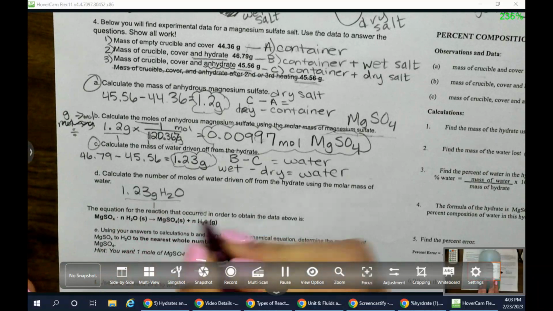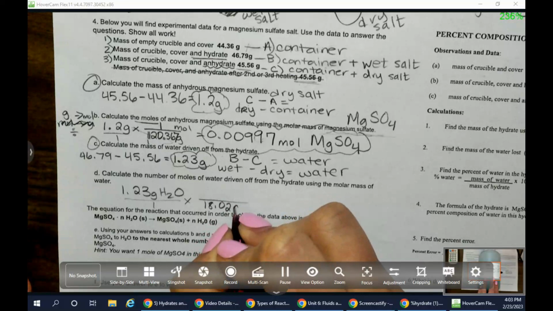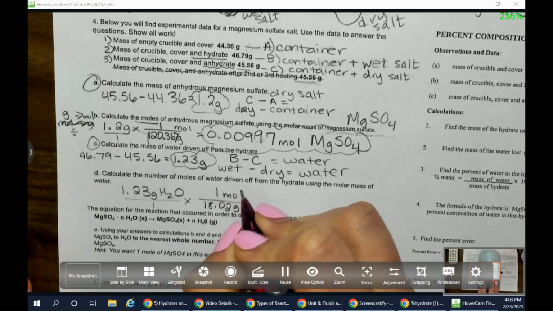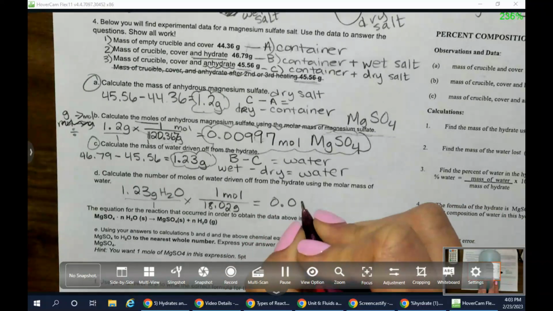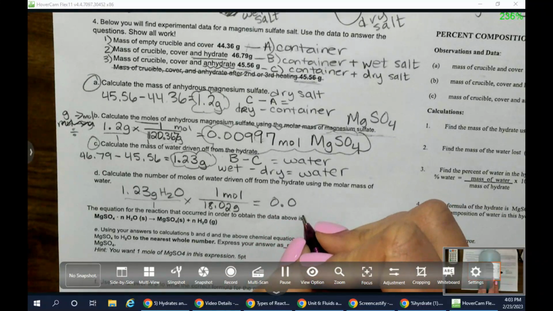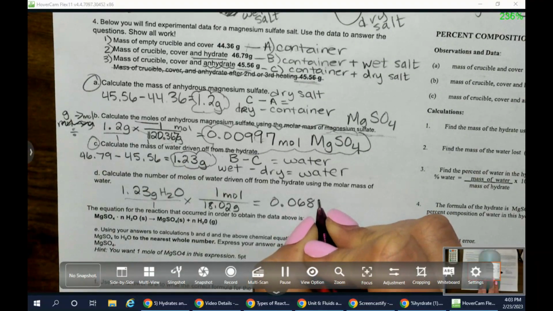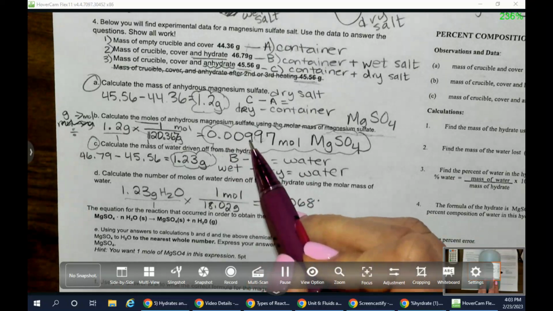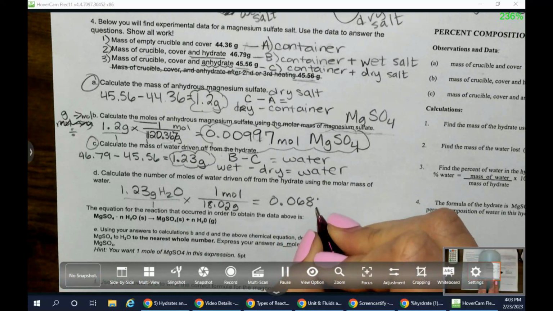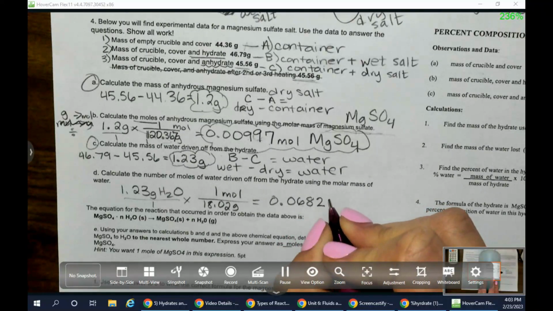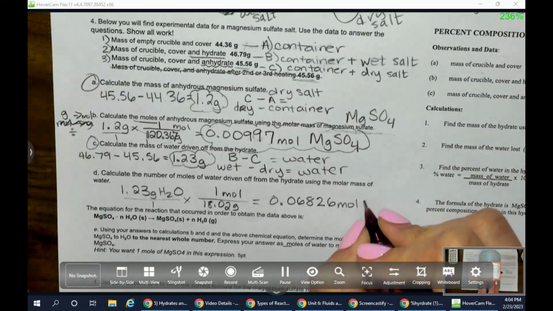So the molar mass of water would be 18.02 grams. When we divide that, you should be getting 0.0683. Let's go to 5 digits, so 0.06826. Okay. Yep, that works for me. All right, and that's for water.